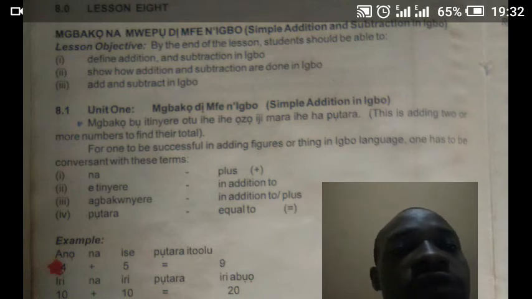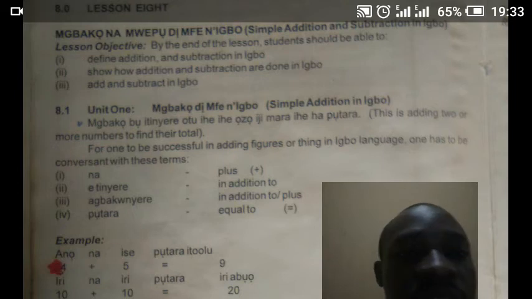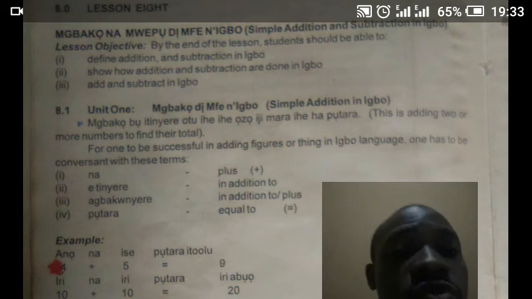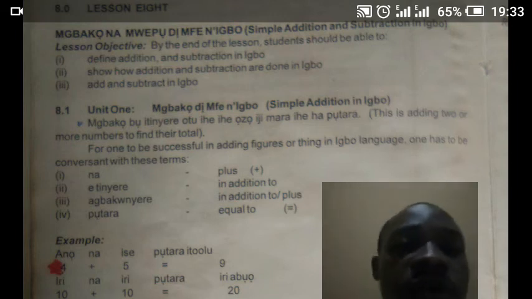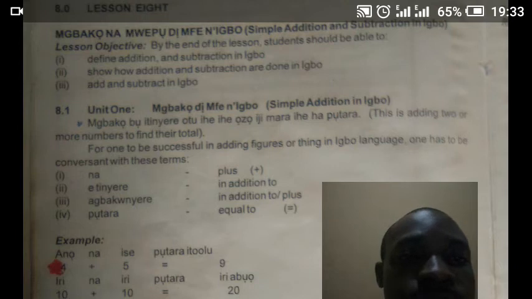For one to be successful in adding figures or things in Igbo language, one has to be conversant or familiar with these terms. Number one is na, which is plus.